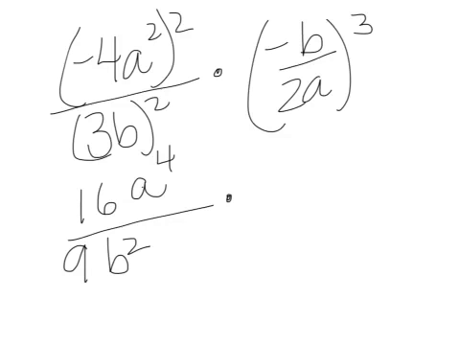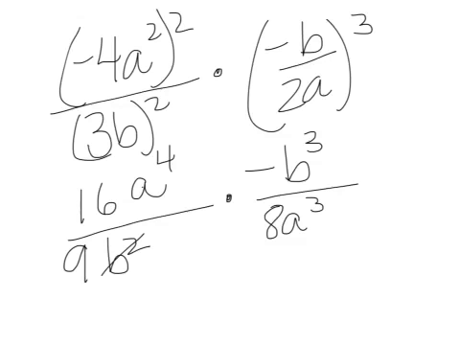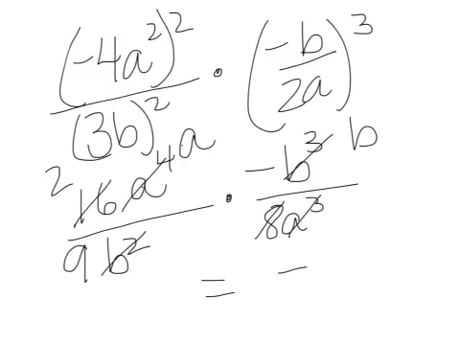A negative number cubed is negative. 2 cubed is 8. A cubed. Cancel the b squares. Cancel the 8 and the 16. Cancel 3 of the a's. So our final answer is negative 2ab over 9.